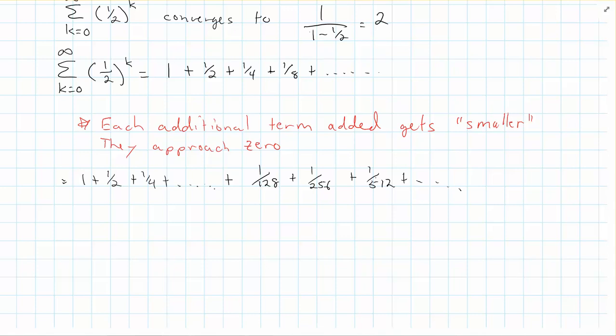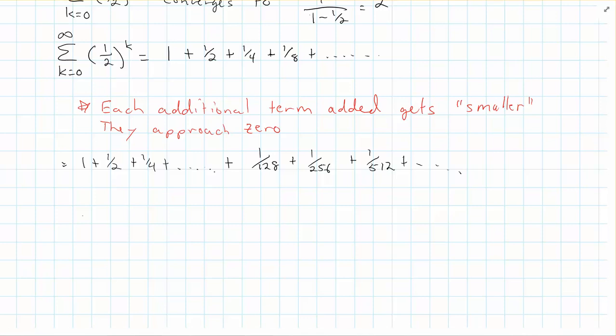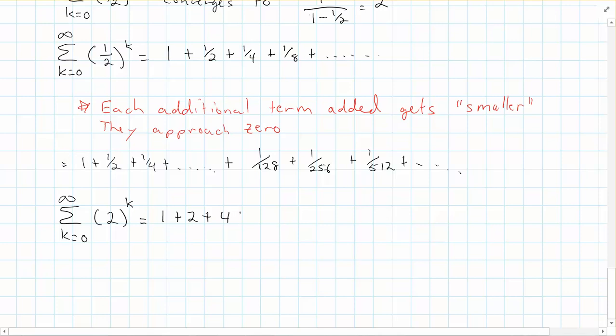Now I say, well, why does that make sense? Let's look at a series that doesn't do that. We looked at this the other day in class as well. We'll look at another geometric series that we already know the answer to. Instead of 1/2 to the k, we'll look at 2 to the k. This of course equals 1 plus 2 plus 4 plus 8 plus 16, going on forever. What's the key thing here?